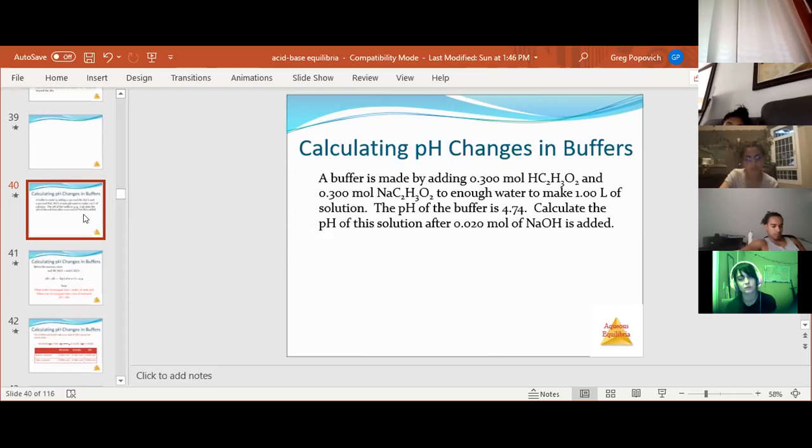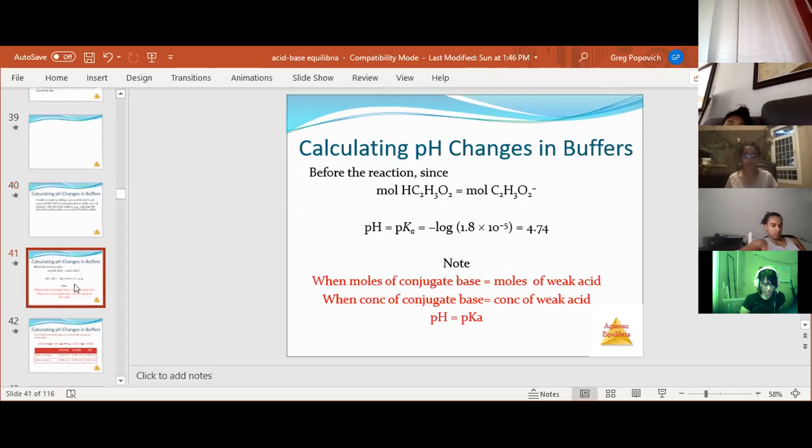I got a buffer made by 3 molar acetic acid and 3 molar NaOH. The pH of the buffer is 4.74. Calculate the pH after 0.020 moles of the NaOH is added. Henderson-Hasselbalch.